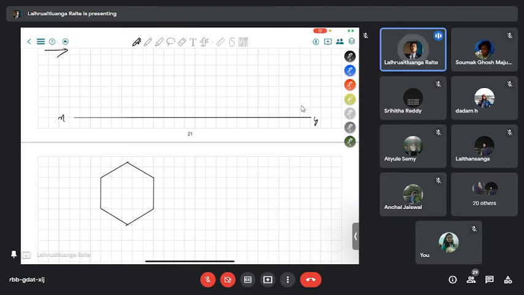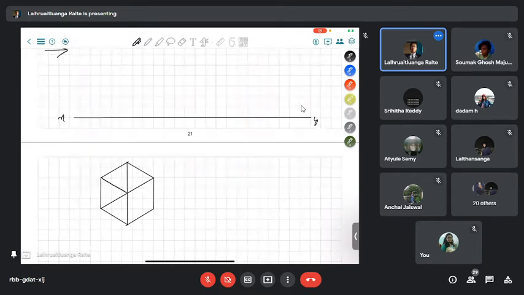Let's say this is our hexagonal base, and for the hexagonal pyramid to form, it will look like we have diagonals going. All right, so this is the tip or the apex, and we can assume any name.